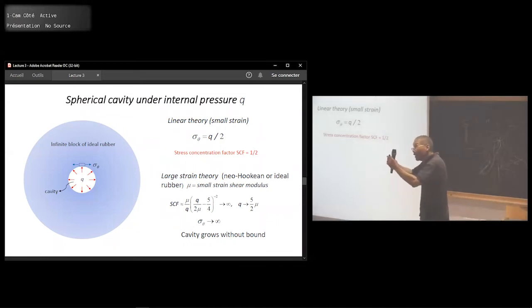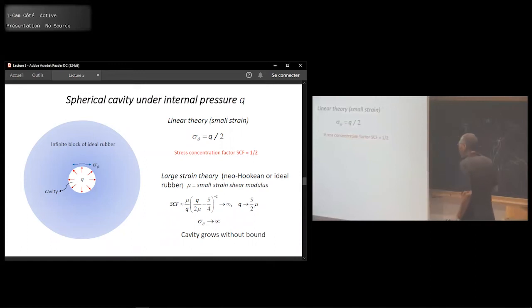As the sphere expands, there will be a tension stress in this material element here. Of course, we have spherical symmetry, so all the material stretches the same amount. In classical small strain linear elasticity, the solution is very well known: this hoop stress is Q over 2, one half of the pressure. So the stress concentration factor is 1/2.